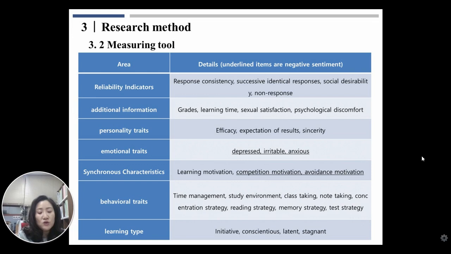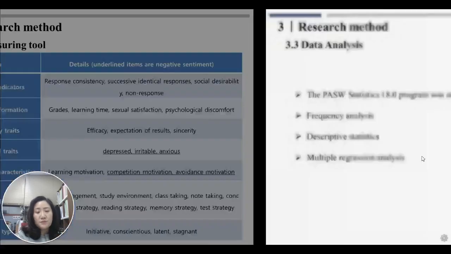Competitive motivation also refers to the desire to show off one's ability or achievement to others, the competitive spirit to be ahead of others, and the desire to be recognized. Avoidance motivation refers to a demand not to show one's inferiority or deficiency and to avoid performing tasks.